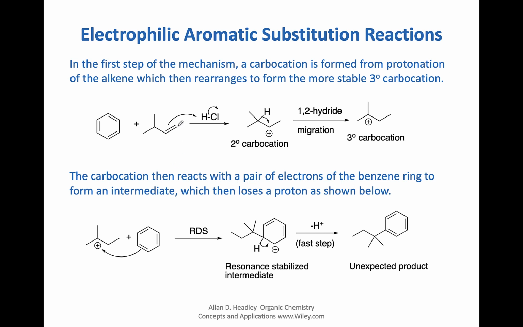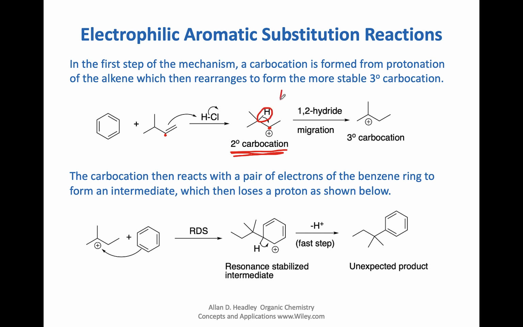So let's look at the mechanism. As stated, here's the alkene, and addition with the acid will generate a secondary carbocation right here. A problem though, this is a secondary carbocation, so it's possible to have a 1,2 hydride shift.